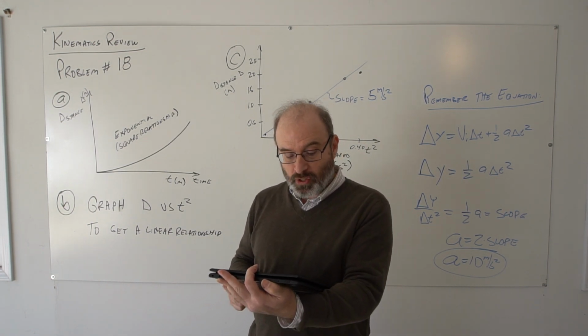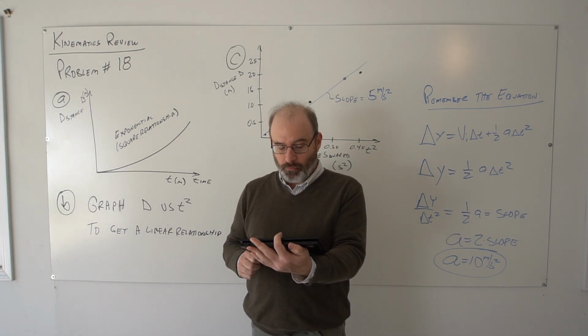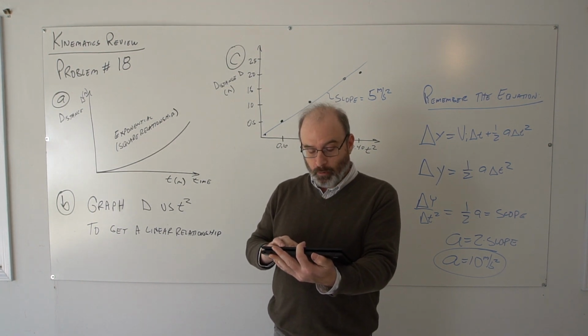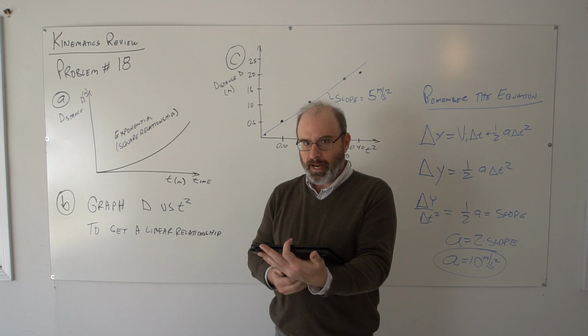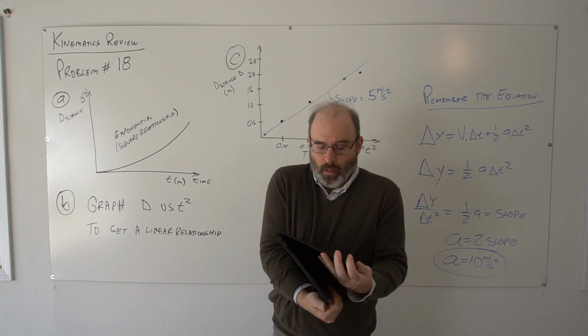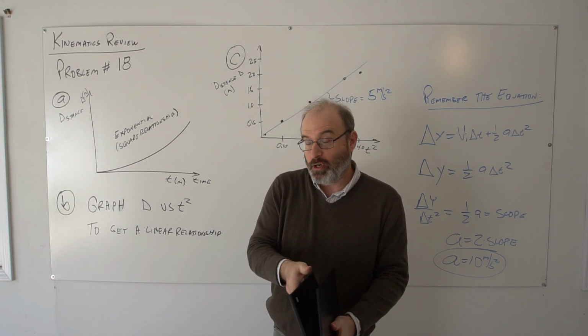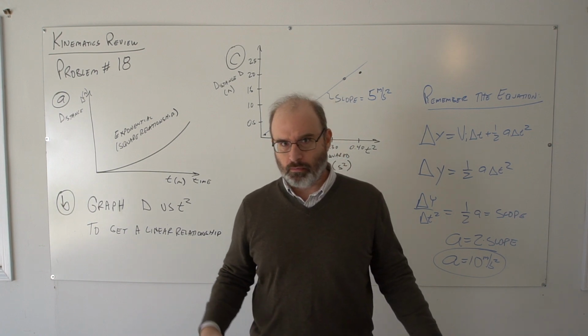Then part E: state one way in which the student could improve the accuracy of the results if the experiment were to be performed again, and explain why this would improve accuracy. What can we do to improve the accuracy of this experiment? You can have several different answers, and we can talk about some. One way is more data.